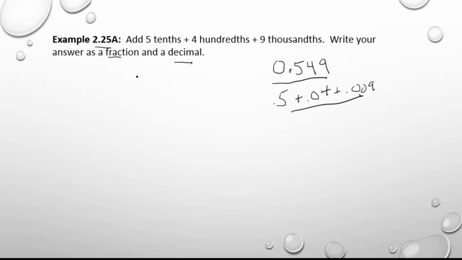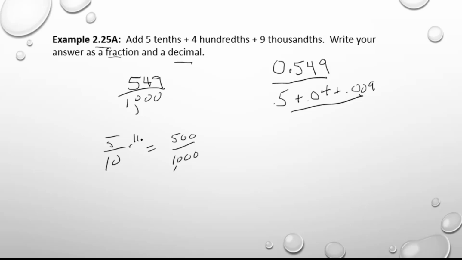Now you can also write this, if you could see it, as 549 over 1,000. And how did I do that? Well, because 5/10 is the same as 500 thousandths. Move the decimal 2 places, move the decimal 2 places.